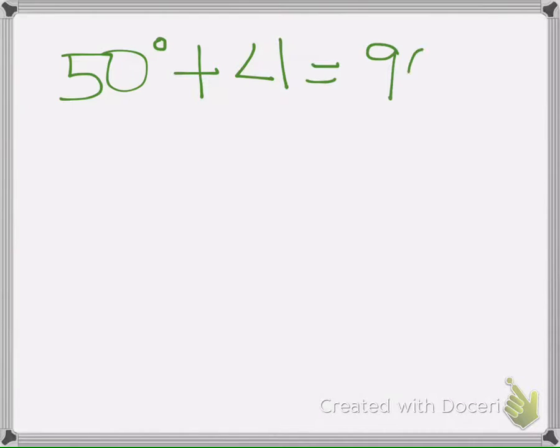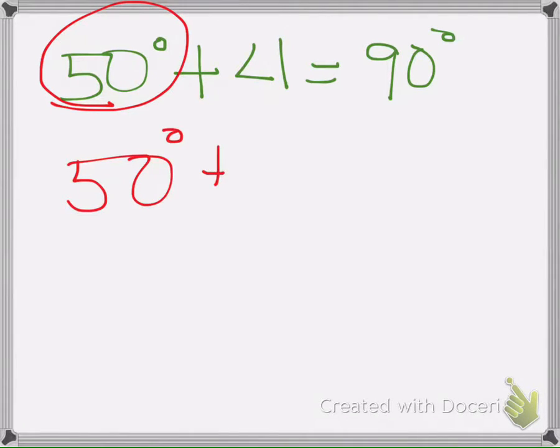And that makes 90 degrees. Everybody still with me? So let's say I have that same 50-degree angle. And I add it to another angle, angle 3, and it still makes 90. Well, what's angle 1 have to be? 40. What's angle 3 have to be? 40. So they have to be the same.